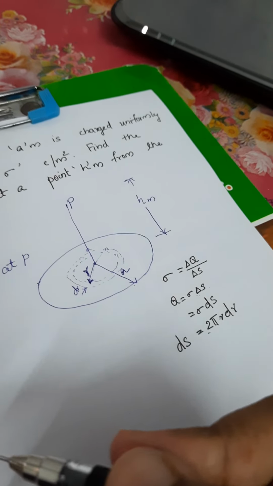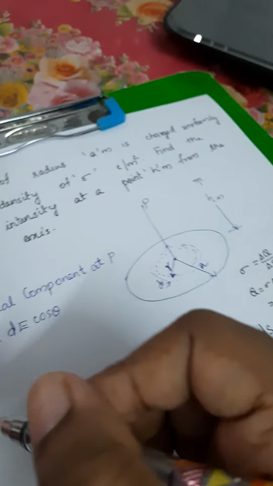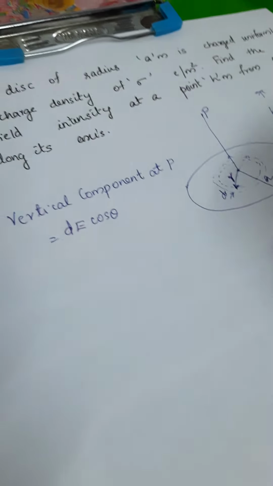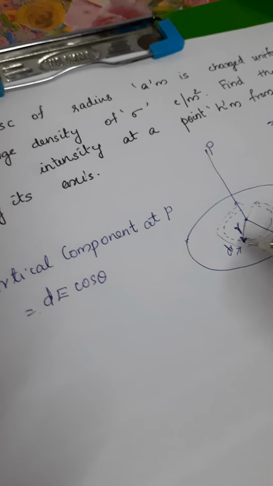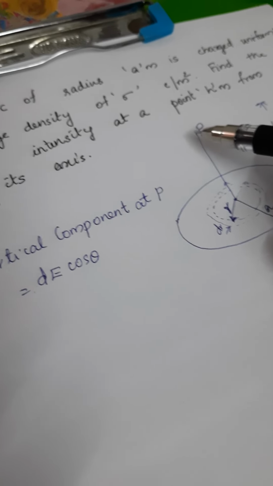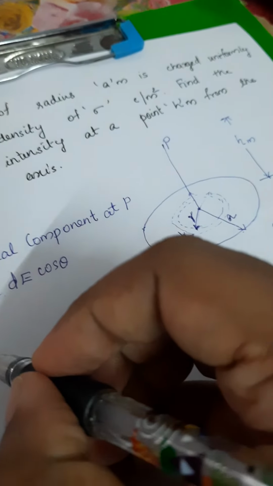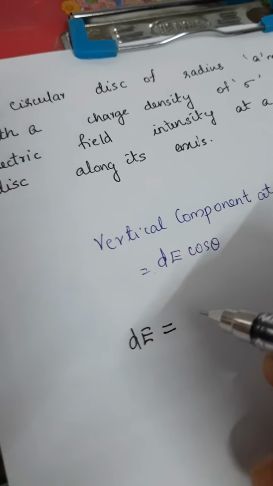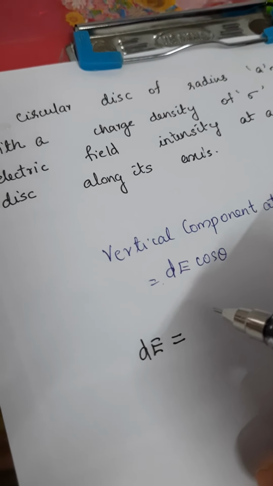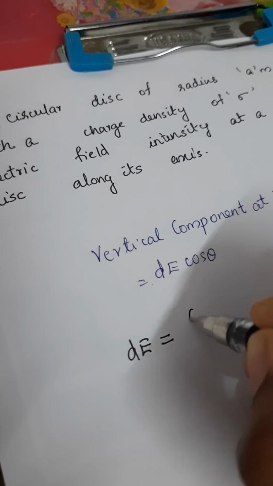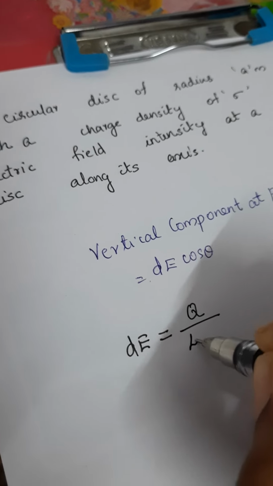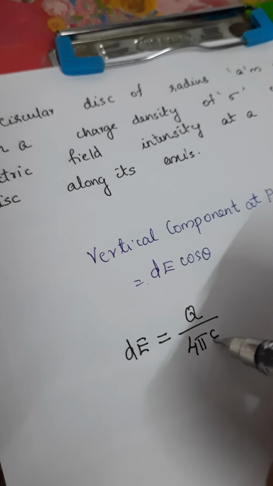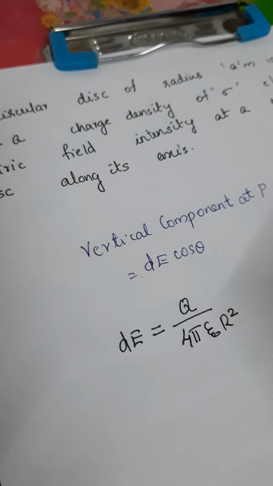Now if we consider the equation of electric field intensity due to this small ring, what is the electric field intensity at this point P? So we can take that as dE. dE will be equal to Q by 4 pi epsilon 0 r square. We know the equation of intensity is Q by 4 pi epsilon 0 into r square.